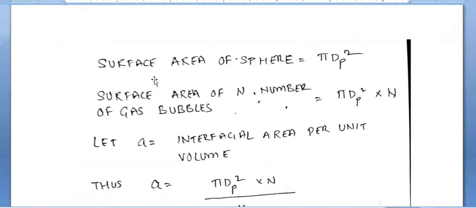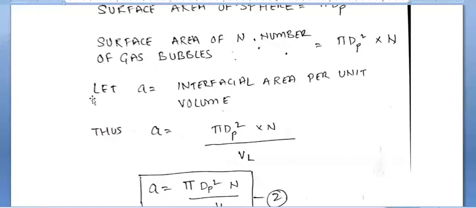Next one. The surface area of a sphere is given by the formula 4 pi r square, so it will become pi dp whole square. The surface area of n number of gas bubbles, because interfacial tension means surface area, is pi dp whole square into capital N. Then let A be equal to the interfacial area per unit volume of the liquid.